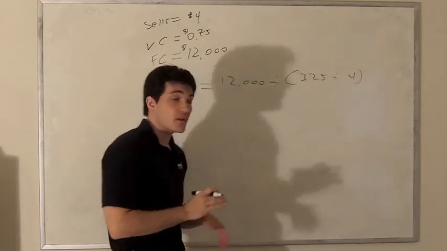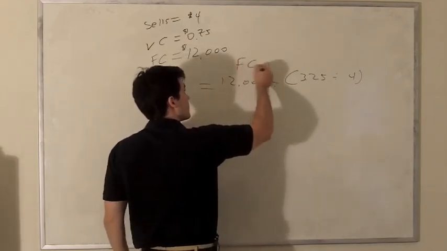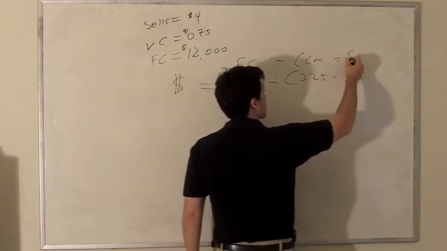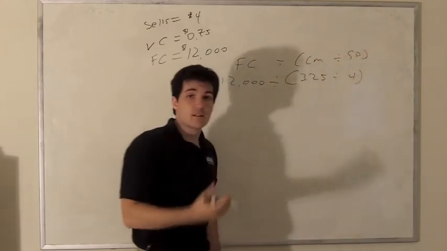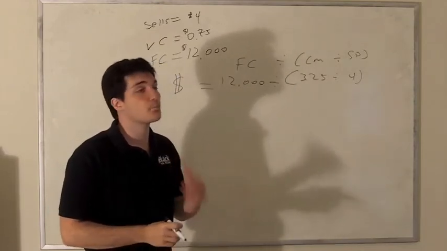All right. So this is the formula: fixed cost divided by your contribution margin divided by sales price.